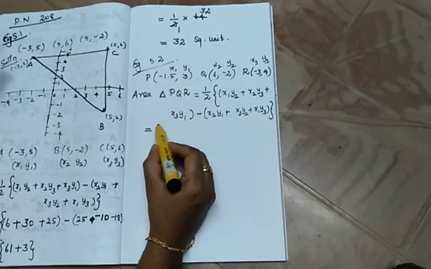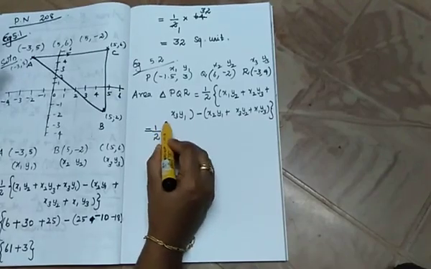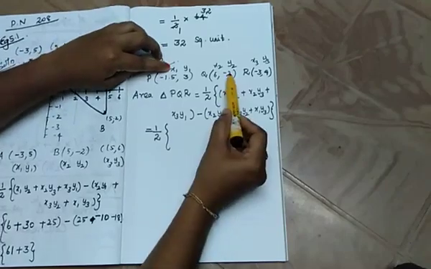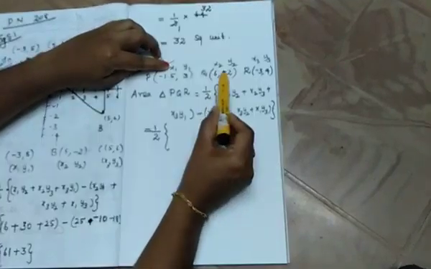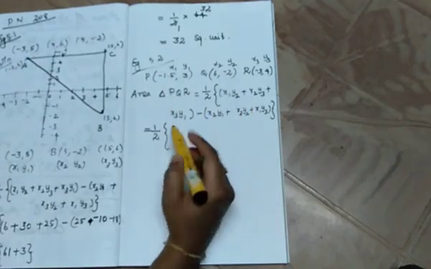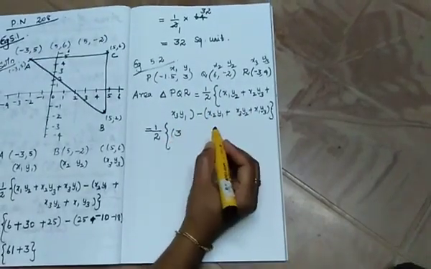Okay. So what will you get? Half into. First one, x1 and y2. That is minus into minus plus, so 1.5 into 2, what we will get? Yeah, 3.